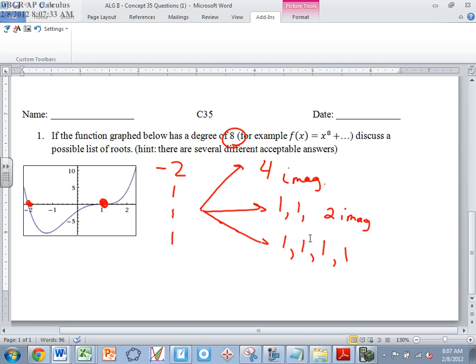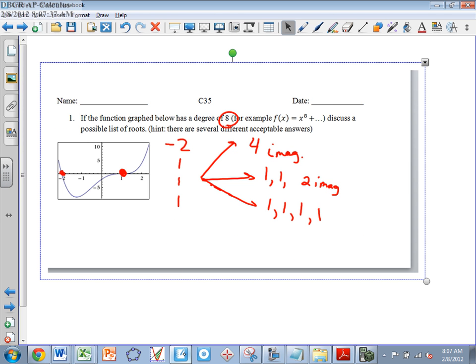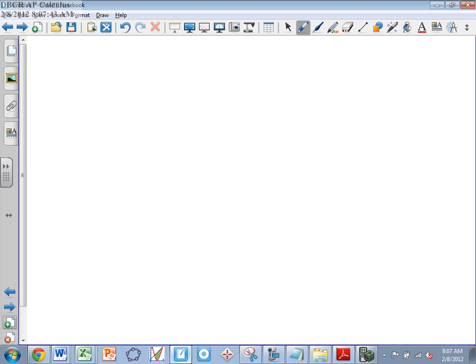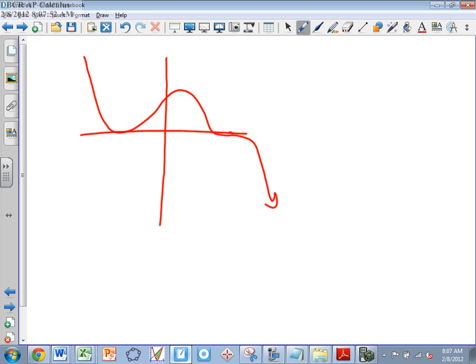So again, if you had something where it's an inflection point, Okay, I know already that this is going to be an odd degree.